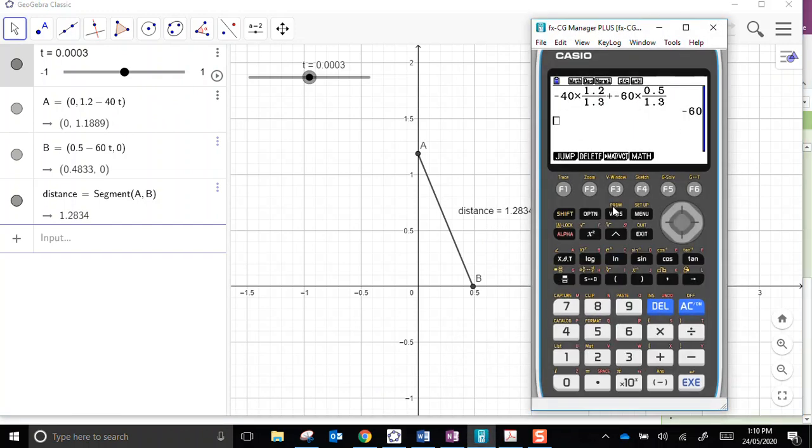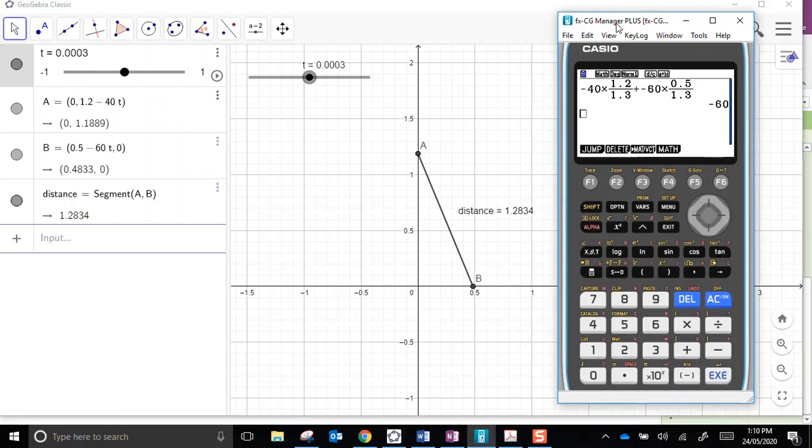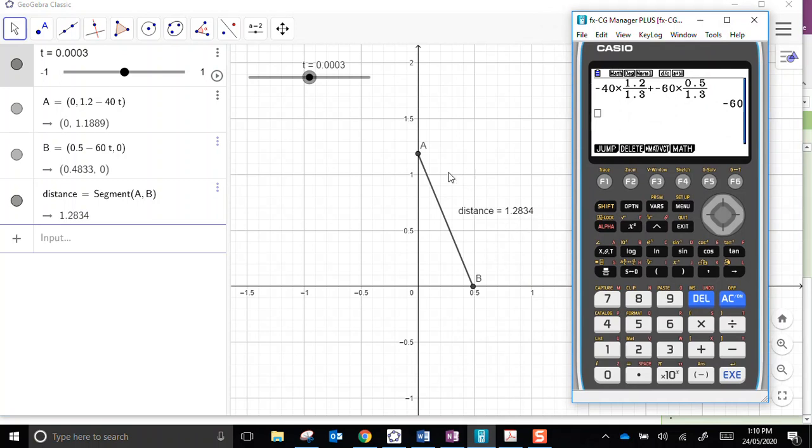If I were to calculate on average across that 1 second, what would I need to do? Well, my distance is now 1.2834. It used to be 1.3. So the difference is there. And what was the time step?